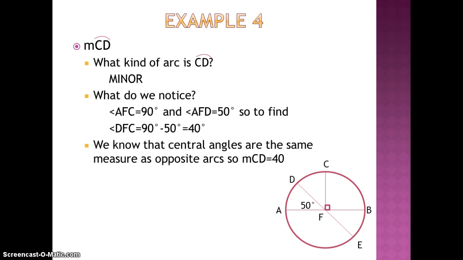We know that the central angles are the same measure as opposite arcs, so the measure of arc CD would also equal 40. So what we did is we took the whole 90 degrees and subtracted the part we knew, 50 degrees, to get 40 degrees. And then our arc opposite would also be 40 degrees.